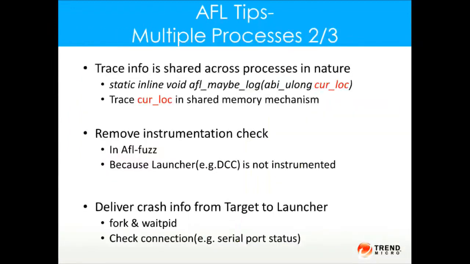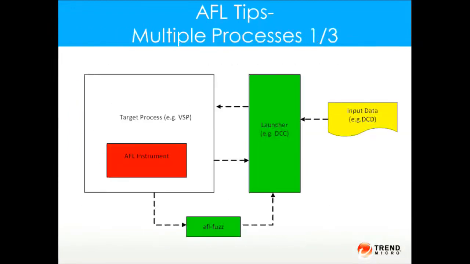Another important tip is about multi-process fuzzing. Because as we see, AFL fuzz will launch the launcher process, DCC. The launcher process will launch the target process. The DCC is not instrumented in our design, and the VSP is instrumented with AFL.